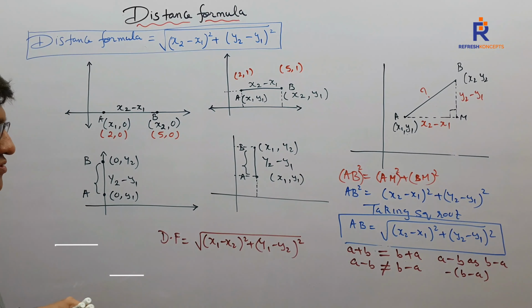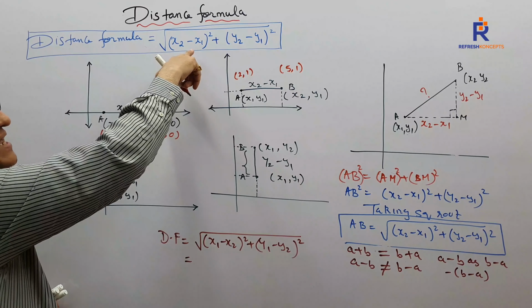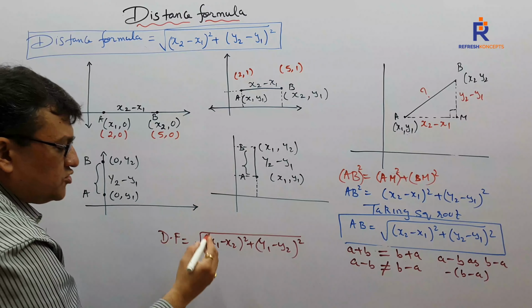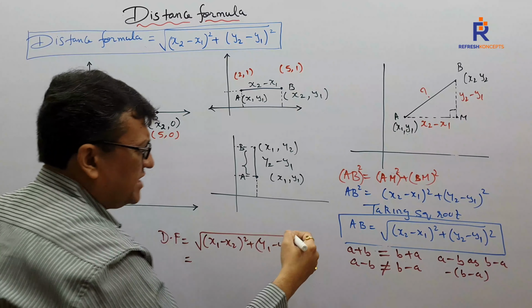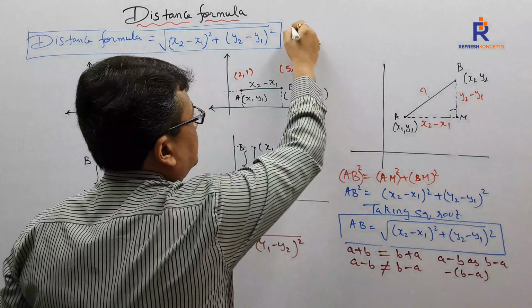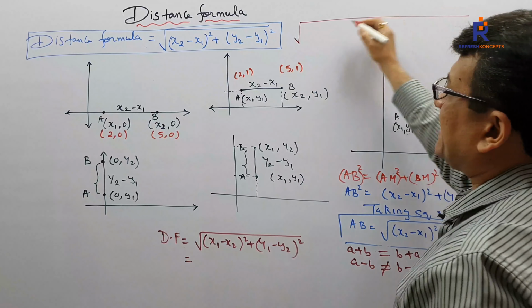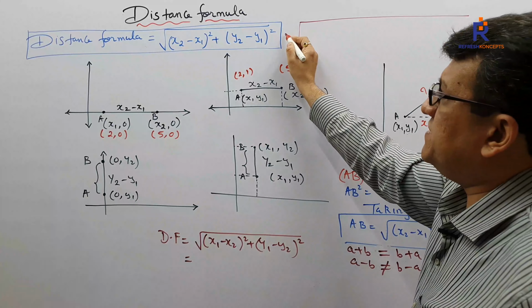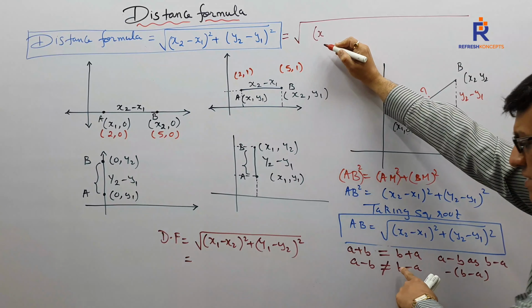So what I'm going to do over here, our formula stated x2 minus x1, right? So I'll make you understand here itself. x2 minus x1, can I write this as, let me say this is equivalent to, the thing which I made you understand?